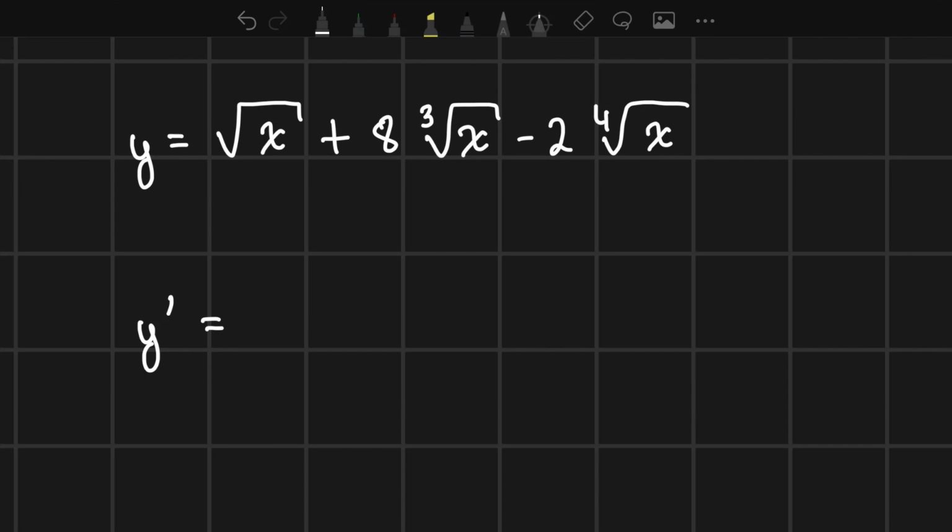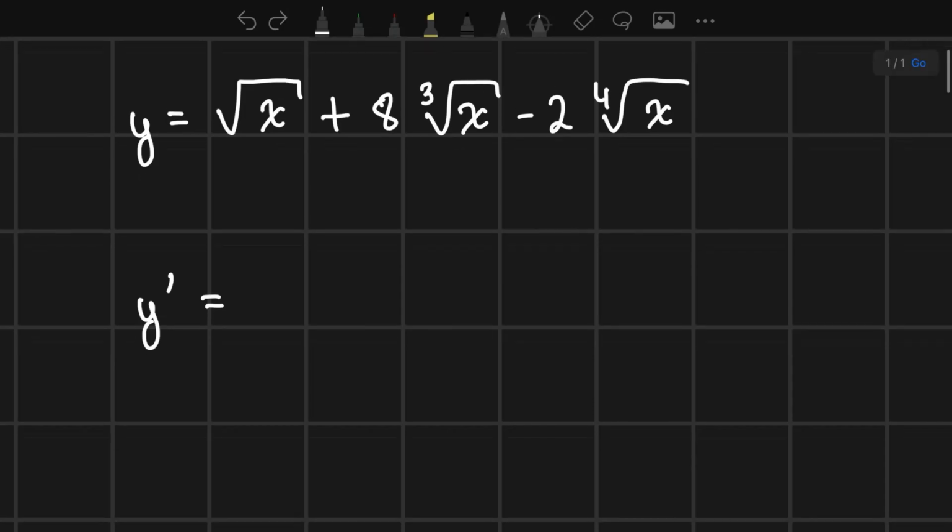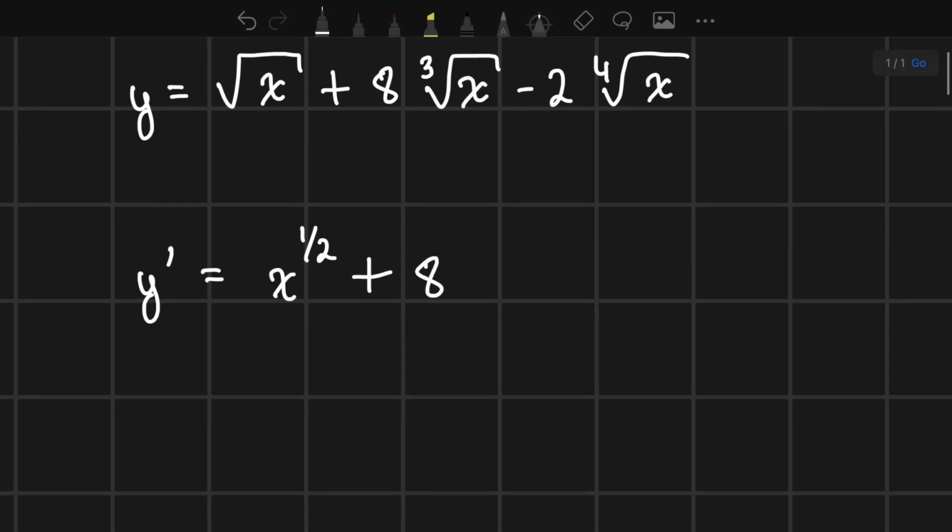So we're gonna go ahead and just rewrite these into fractional exponents, so we could understand it and solve it in a much easier way. So we know that anything that has a root, in our case is just root x, that would just be x to the power 1 over 2, plus 8.